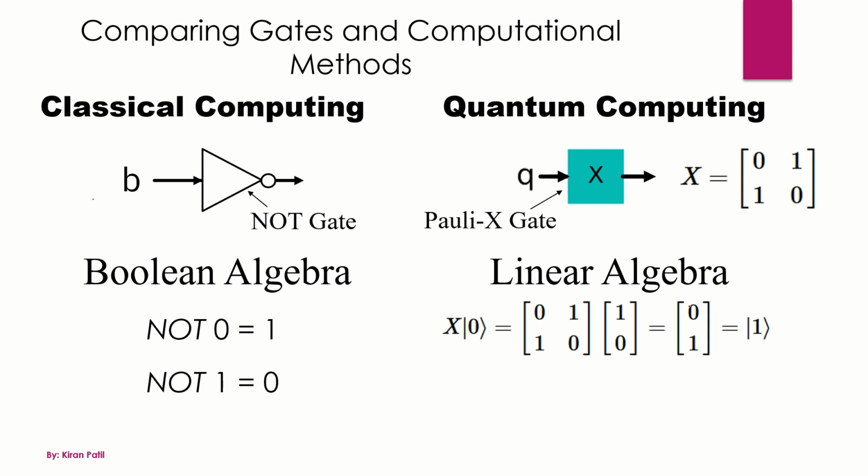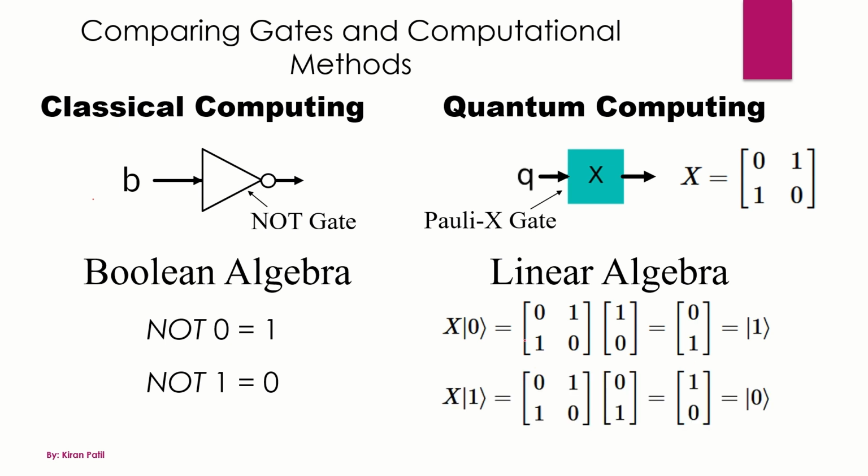So this is the matrix representation of ket 1. As I told you, when I give ket 0 as an input to this X gate, I get the output as ket 1.